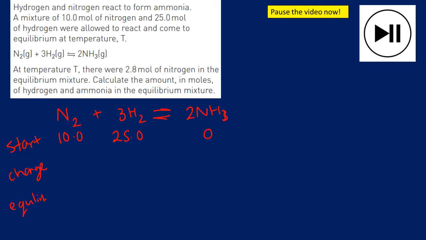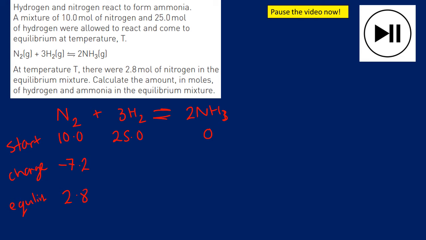They were allowed to reach equilibrium, and at equilibrium we are told that we have 2.8 moles of nitrogen. So what's happened? Well, the nitrogen has gone down. How much has it gone down by? It's gone down by 7.2.